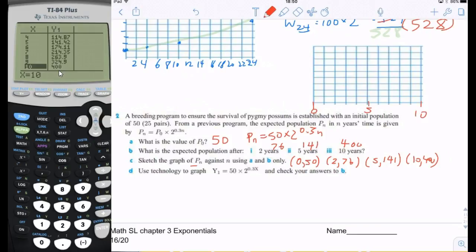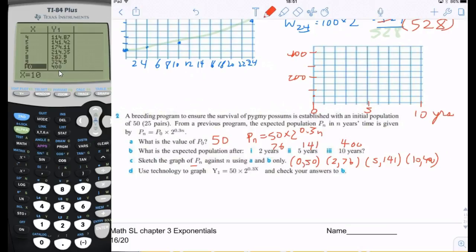Okay, so this is years. And then on the y-axis, I'm going to put the number of possums: 100, 200, 300, 400. So at year 0 I have 50, so that would be this point here.